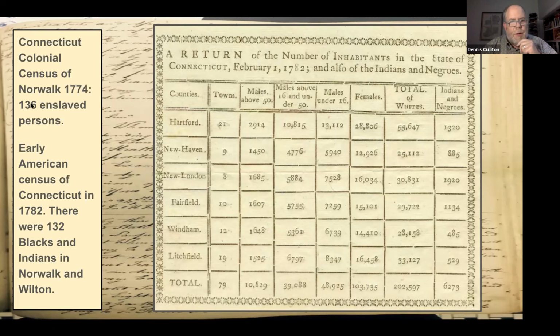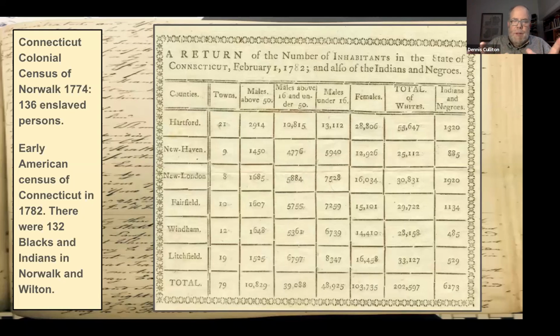If you look at this 136 number, it would fit into, later on, I think if we look at 1782, there were 132 Blacks and Indians in Norwalk. So the numbers are a little bit different, but we can't break out the Blacks and the Indians from that because we don't have the town by town listing. So we can see the numbers staying pretty steady of Blacks.